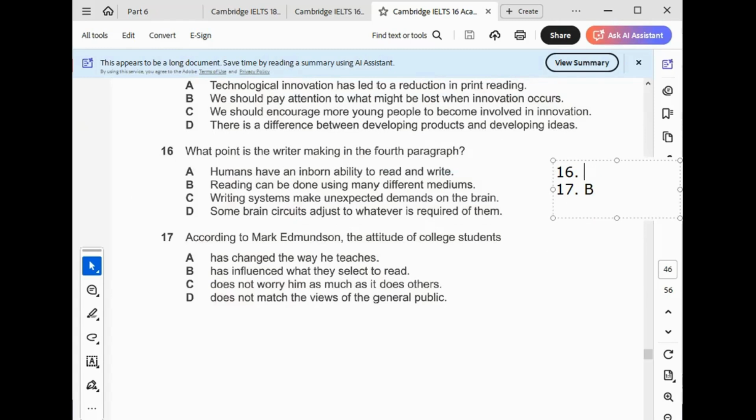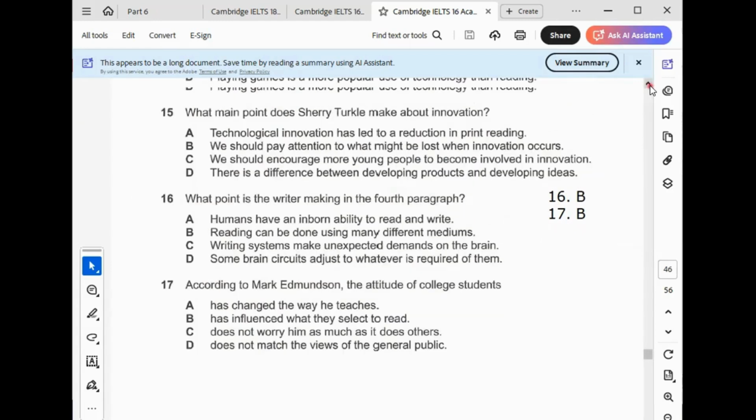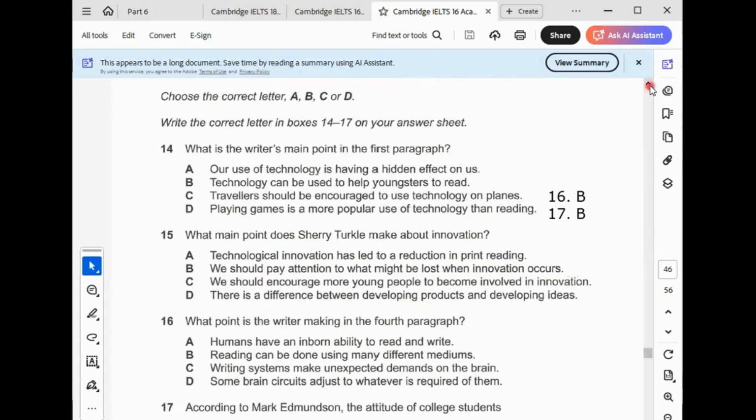I think I picked B. Number 15, what did I pick?